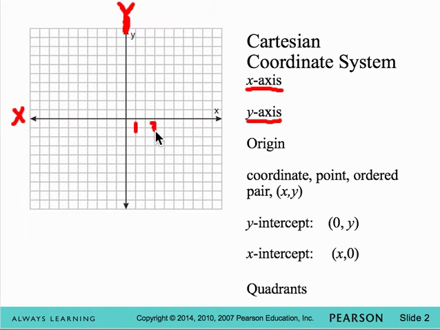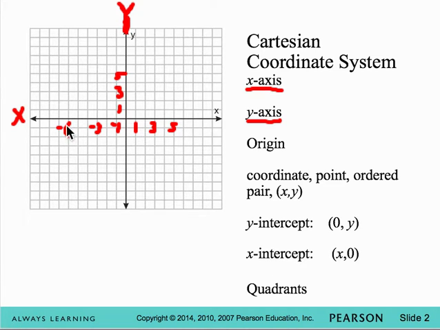So then this is 3, and then 4, and then 5. Same way over here, this is -1, -2, -3, -4, -5, -6. Okay, and going up, it starts out with 1, and then 2, and then 3, and then 4, and then 5. And going down, -1, -2, -3.